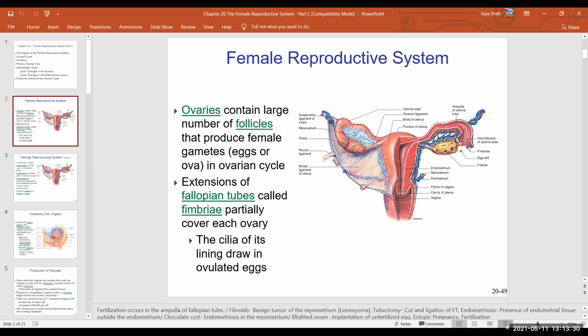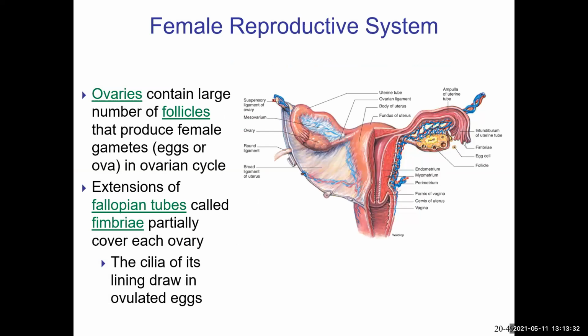I'm going to explain a lot of terminology here, so you need to pay attention. First, let's talk about the structure of the female reproductive system. This one is the ovary. This ligament is the ovarian ligament. This one is the fimbria.